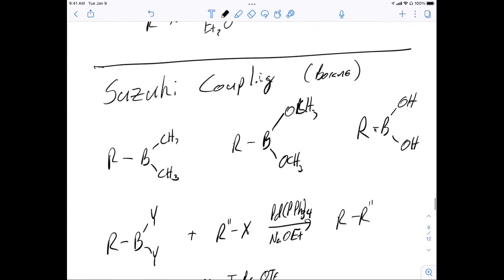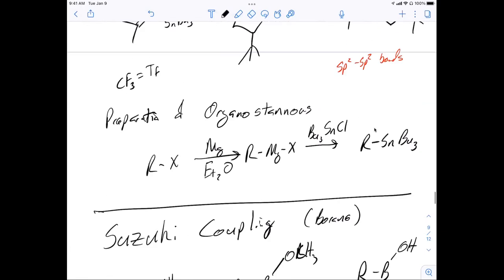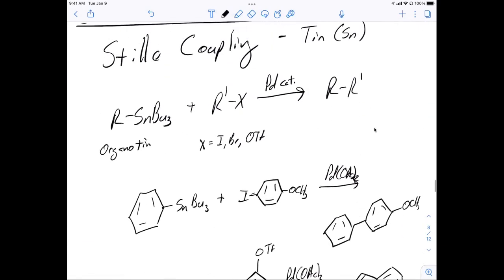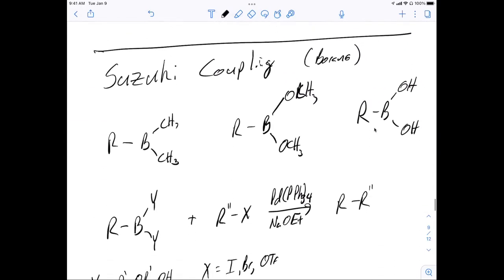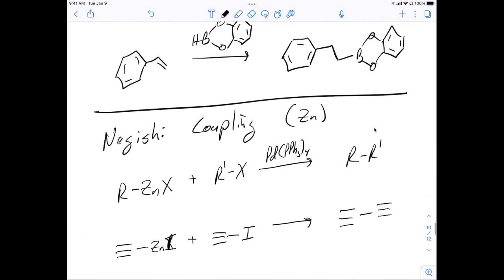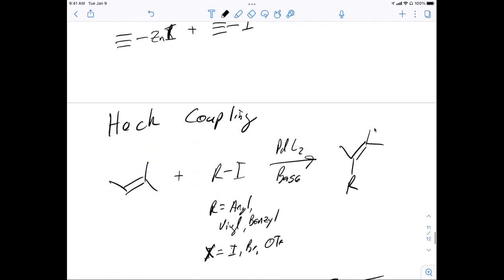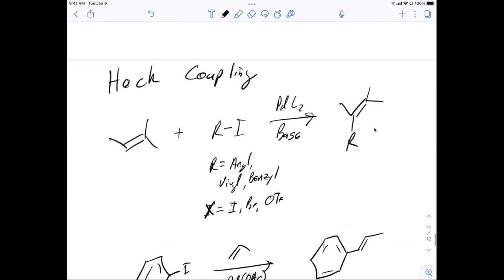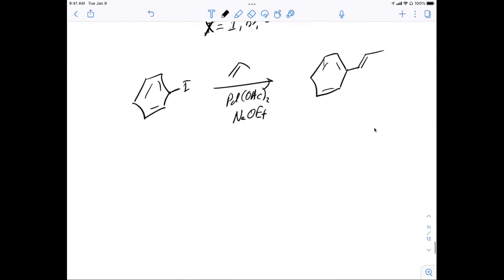The Suzuki is using borane, and then the Stille is using tin. They all use some type of palladium catalyst, either a 4-ligand or a 2-ligand palladium catalyst. With the borane, the Suzuki, you have to add a base. For the Negishi, you don't have to have a base. And for the Heck, you have to use a 2 and a base, right? So there's some specificity here. The thing to remember is that you're going to get direct coupling.